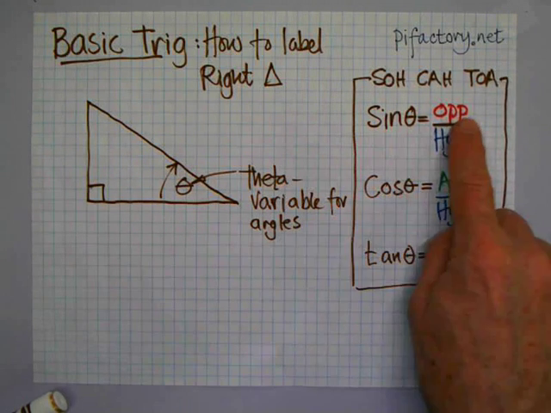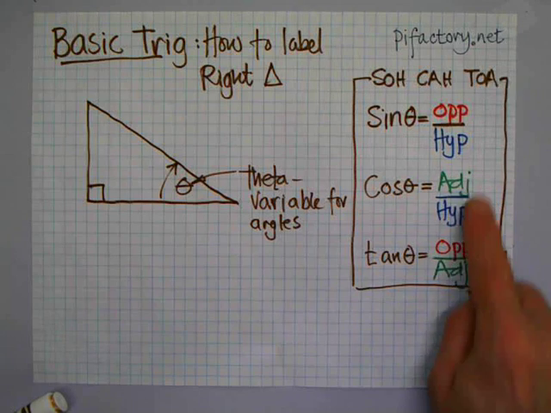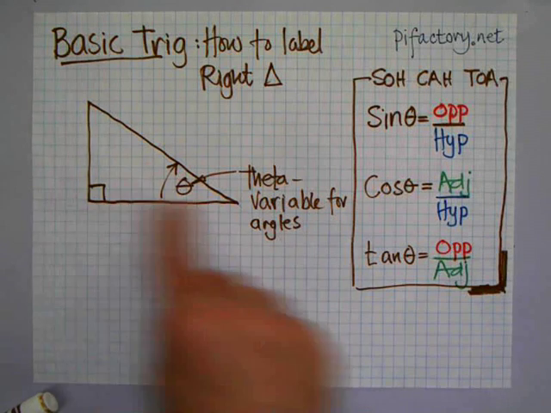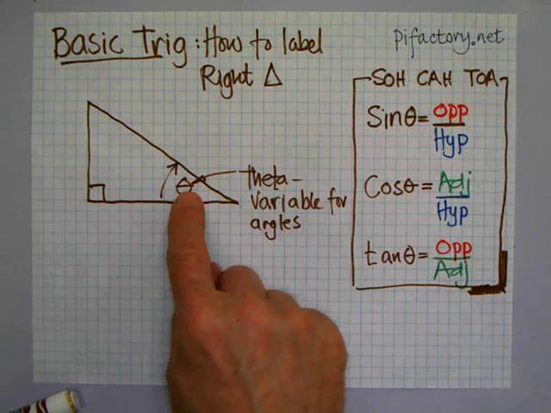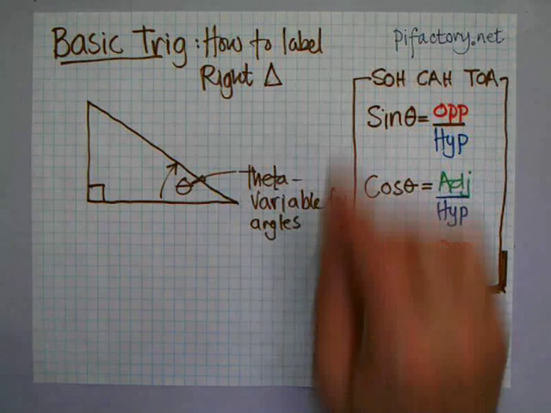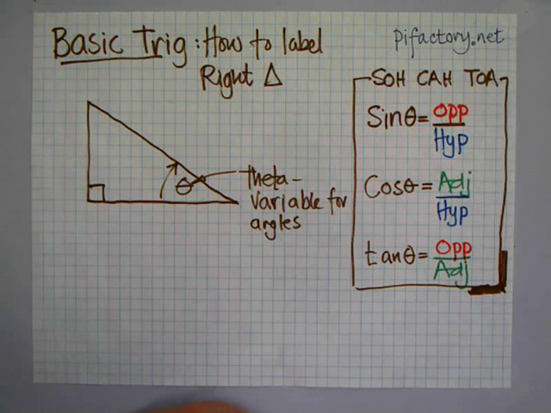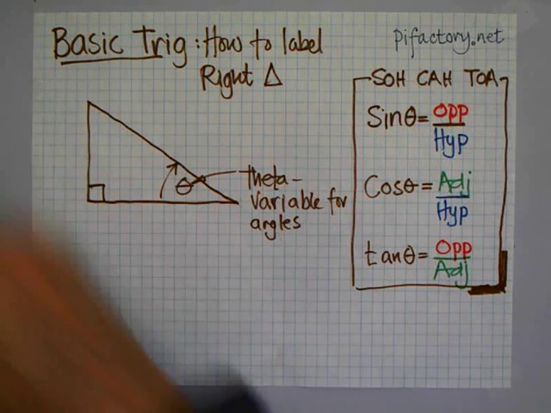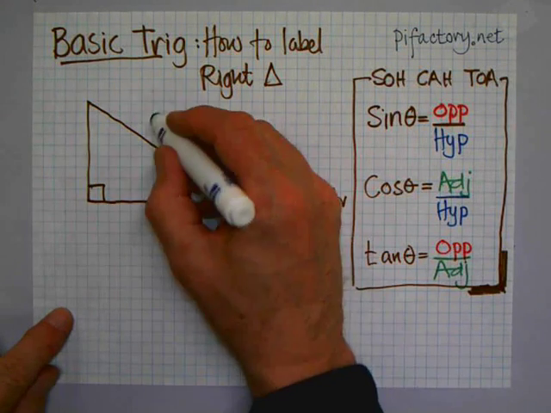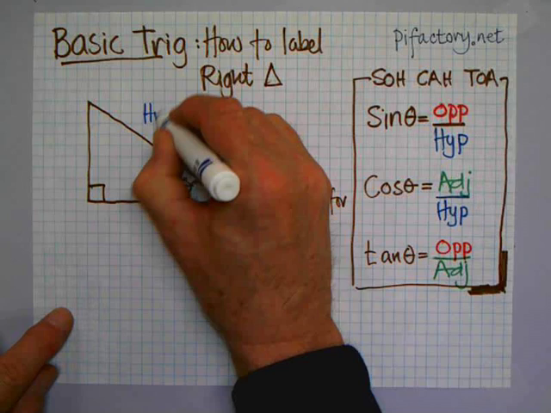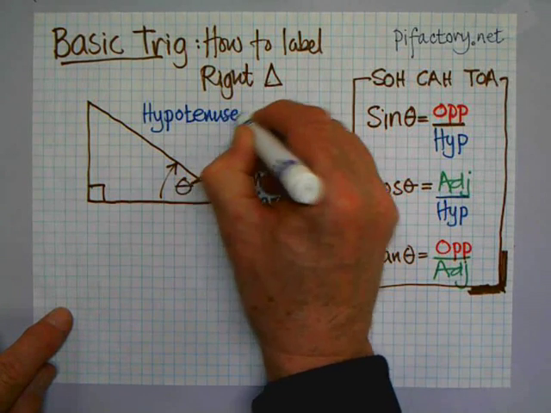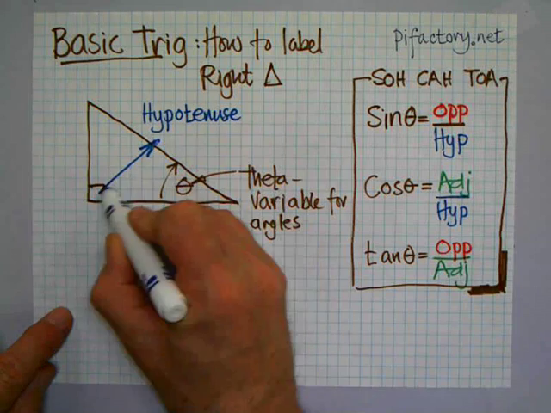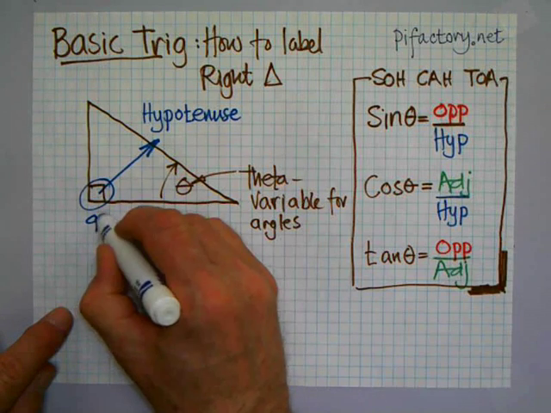Now, what are the opposite, hypotenuse, adjacent, and so on sides in this triangle, relative to theta? Well, the first one is the easy one, and that is going to be the hypotenuse. Hypotenuse, quite simply, is opposite the right angle.